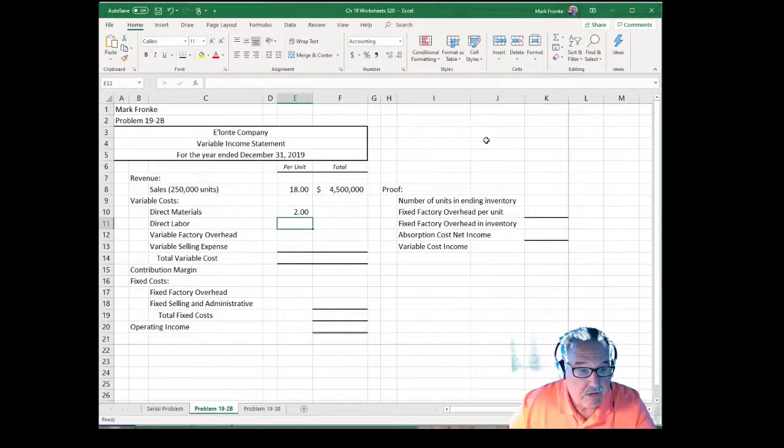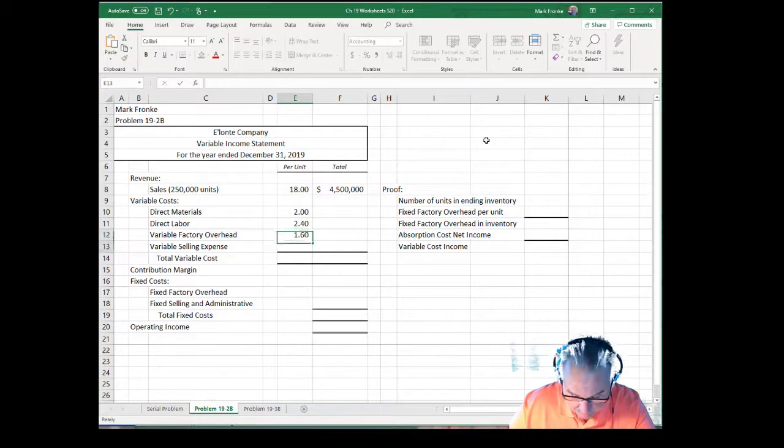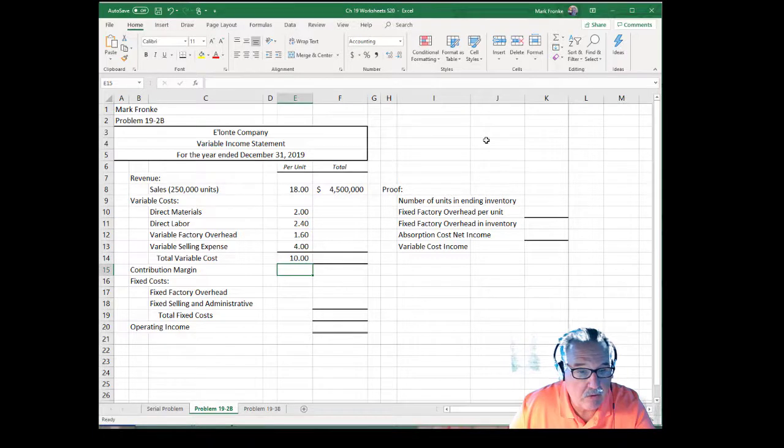Direct materials is $2. Direct labor is $2.40. Variable factory overhead is $1.60, and variable selling is $4. Again, we have recategorized the expenses into behavioral categories to put the variable cost up above and the fixed cost down below.